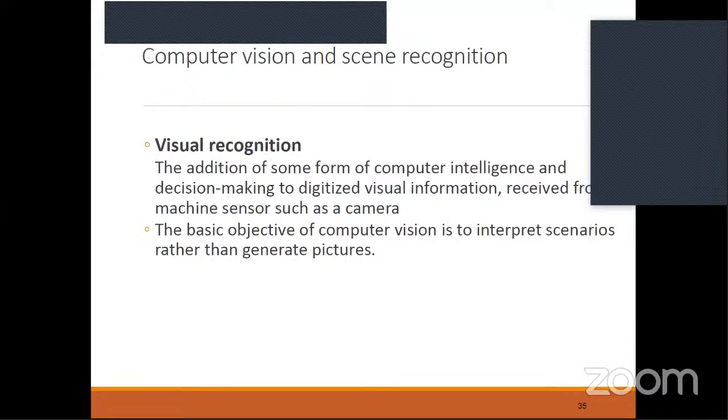One important application of AI is in computer vision and scene recognition. When we say computer vision, it basically means anywhere we use visual information, such as cameras. For example, self-driving cars are an example of computer vision, where we make use of cameras to interpret the scene and accordingly control the different parts of our car to move on the road.